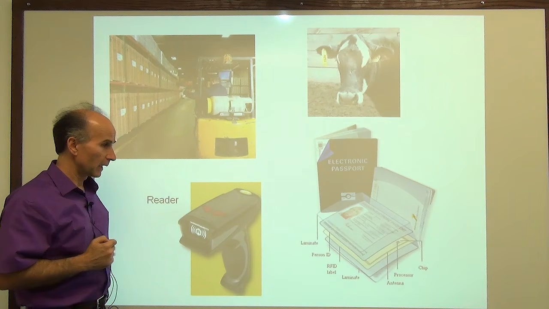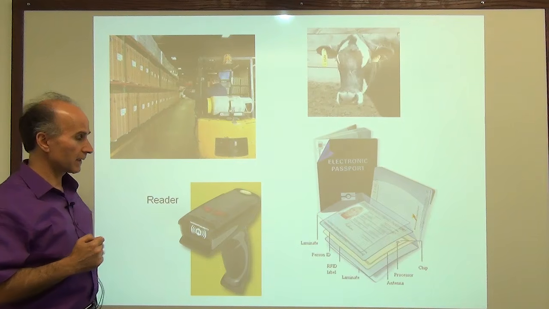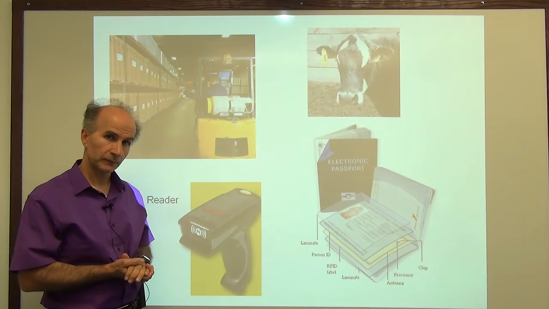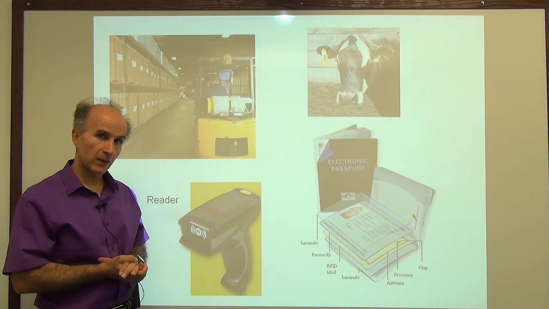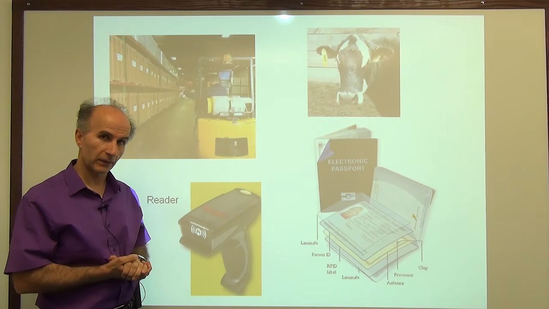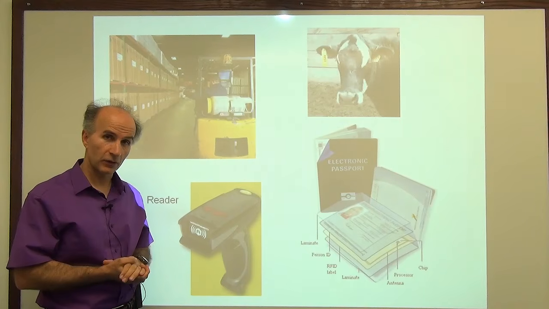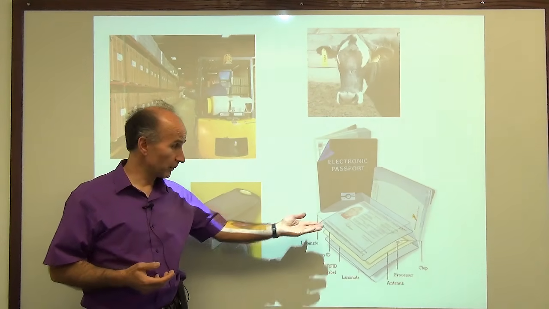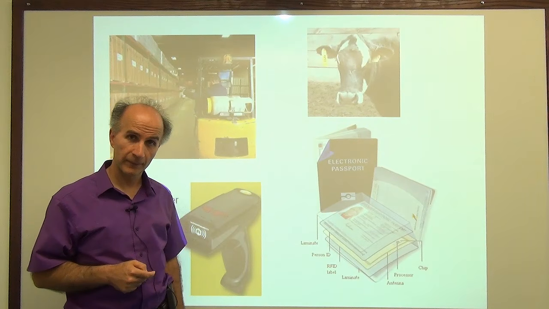All right, that's good. But the problem is that this chip is not connected to a battery. So that's what's interesting about it. It doesn't have a source of energy. Obviously, you don't want to go and charge your passport every time, so the chip cannot have a battery connected to it.